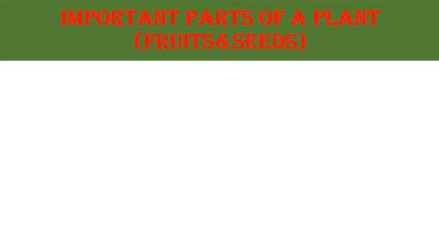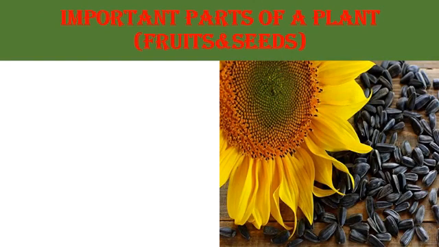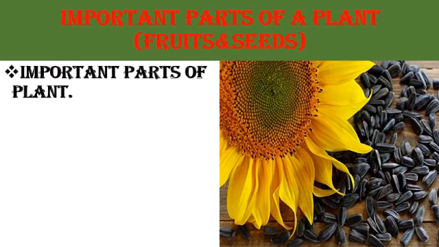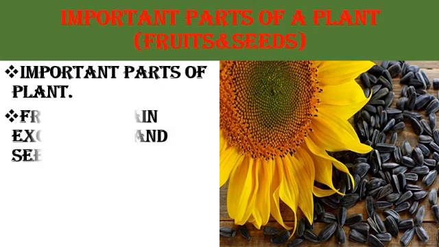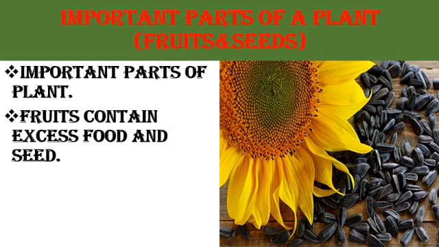Now let's talk about another important parts of a plant that are fruits and seeds. You can see here sunflower seeds. They both are important parts of a plant. Mostly fruits contain excess food and seeds.